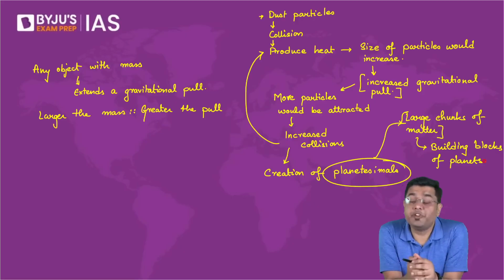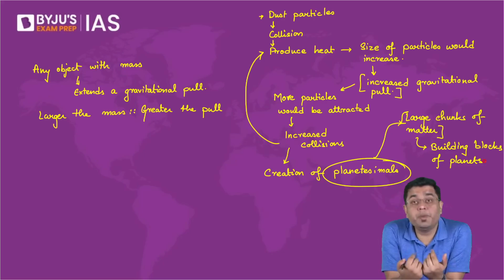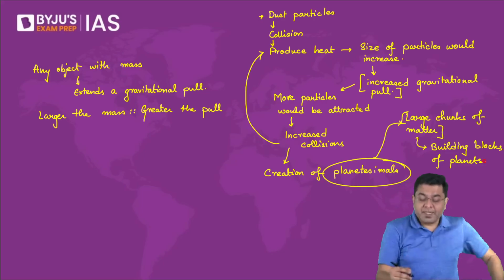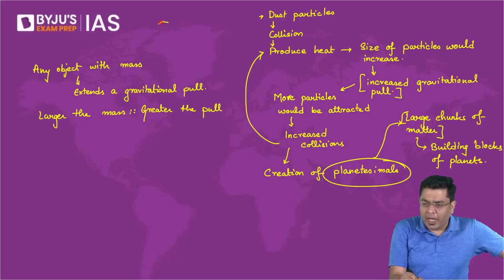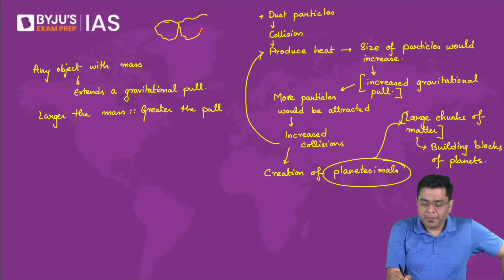Now, when the planetesimals would collide, imagine the amount of heat and energy which would be produced. Obviously, the energy would be very high. The amount of heat produced would be very high. So imagine a condition where two large planetesimals collide.